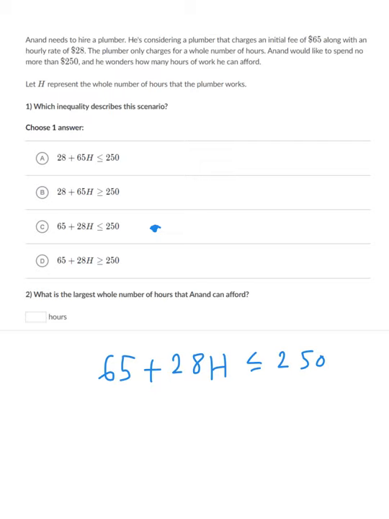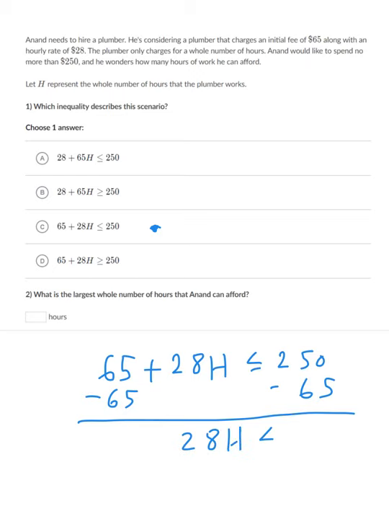So now let's solve this inequality. So minus 65. I get 28h is less than or equal to 185, and then divide both sides by 28. This time I think we're going to want to leave our answer as a decimal.